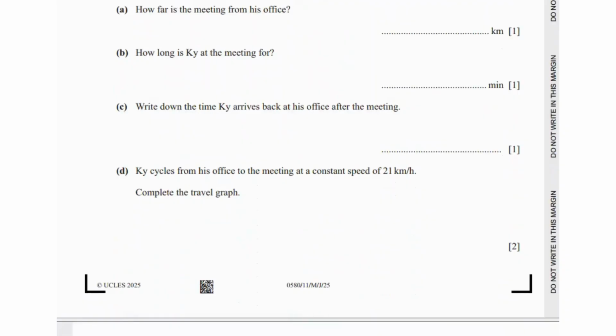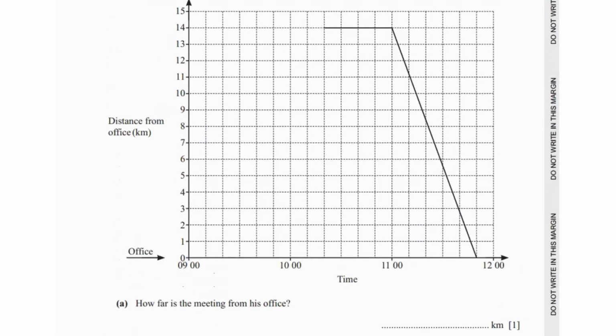Then it says Kai cycles from his office to the meeting at a constant speed of 21 kilometers per hour. Complete the travel graph. So his speed is 21 kilometers per hour. Distance is still the same for going from the office to the meeting. That's 14 kilometers. So 21, which is the speed, equals distance, which is 14, divided by time.